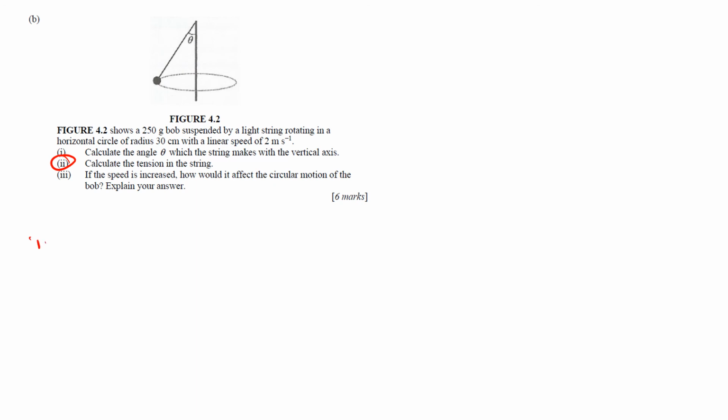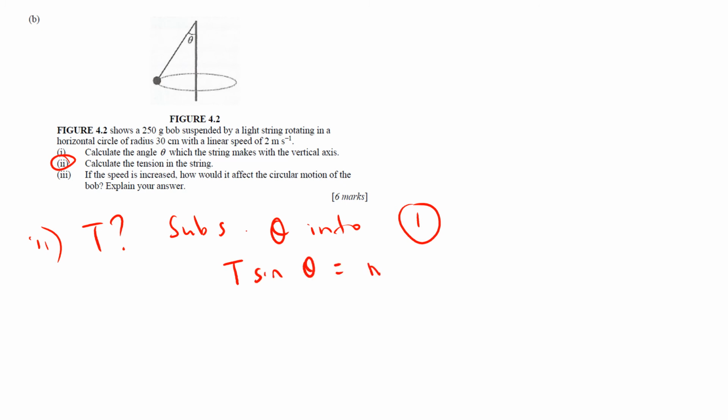So for number 2, we want to find the tension. We substitute the theta into the first equation. Our first equation earlier was T sin theta equals mv squared over r. We want to find T.